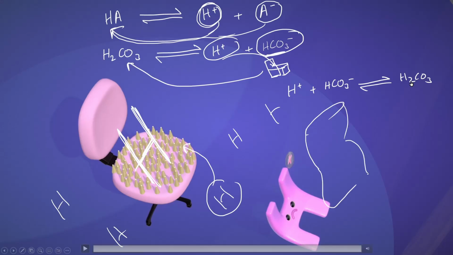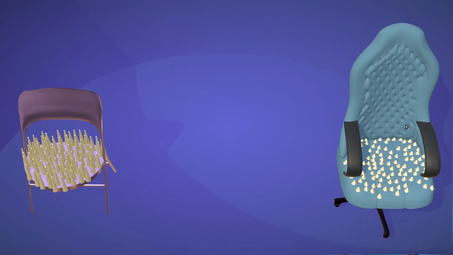Okay, let's go to that diagram so it's easier for you to understand. Let's suppose we have this chair A, this big spiky chair. This chair is like Cl negative. Can it accept a proton in any significant amount? The answer is no. So that is why when we write the dissociation of HCl, a strong acid, we write it like this.